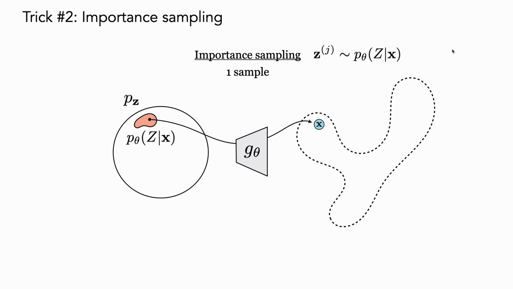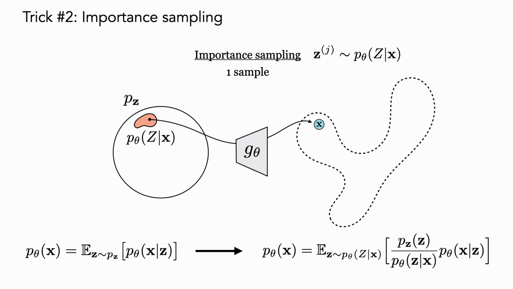So with importance sampling, I just sample once from this distribution and I get as good an estimate as having sampled 7 times with random sampling. Here's the entire transformation. I'm going to estimate the likelihood that my model places on the data via this expectation, but I'm going to switch it to this other expectation, where these two expectations are exactly equal to each other.